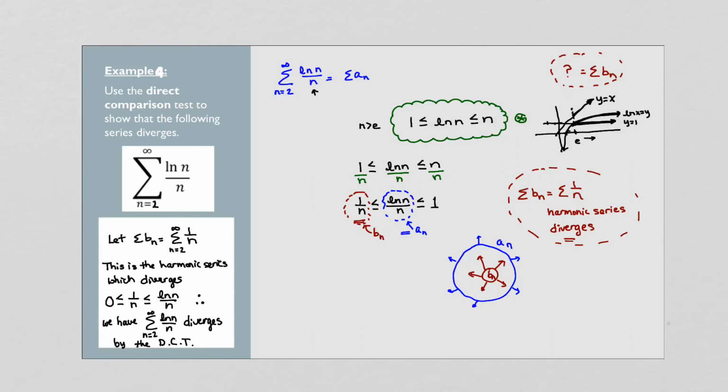See, not as hard as you think. Do, though, make sure that you put this little inequality statement in your notes, because it becomes very helpful again when we talk about using the direct comparison test with infinite series involving the natural log function.